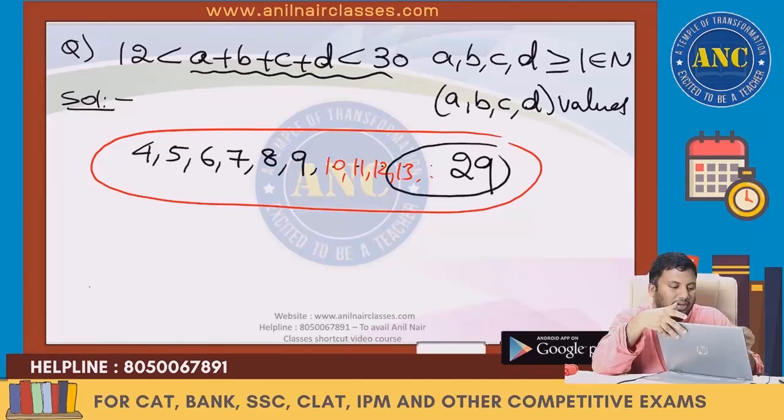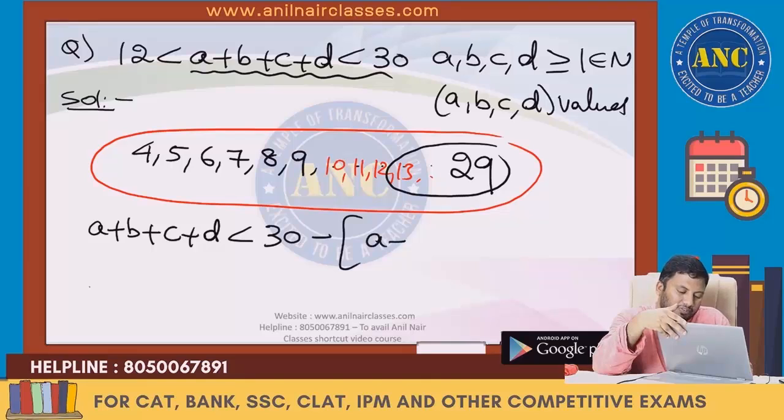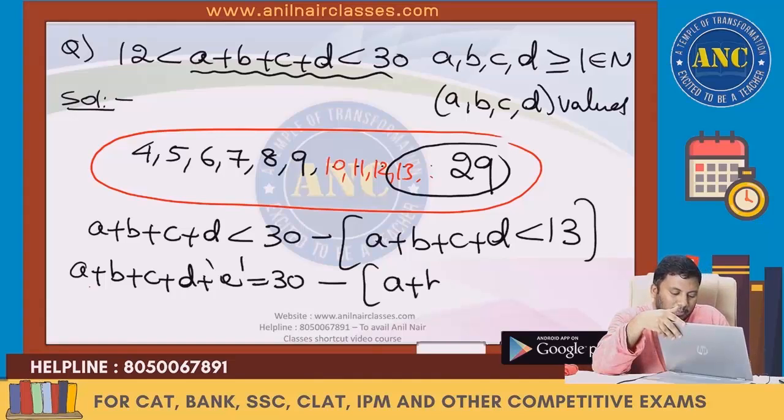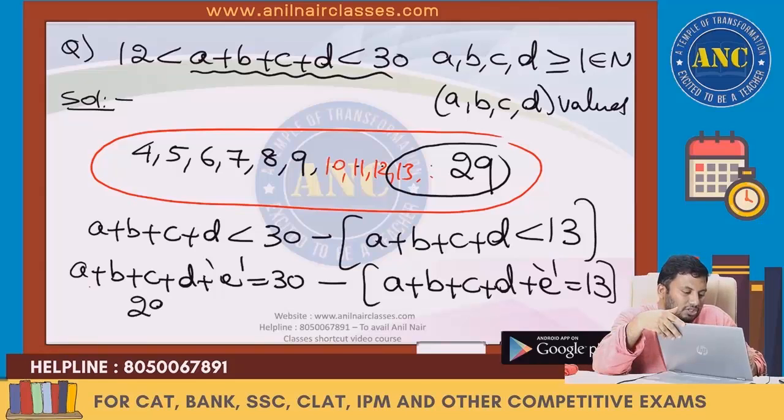So it is A plus B plus C plus D less than 30, minus the sum from 4 up to 12. That means less than 13. Introduce a dummy variable: replace the less-than-or-equal with a dummy variable, equal to 13, which is 29C4 minus 12C4.